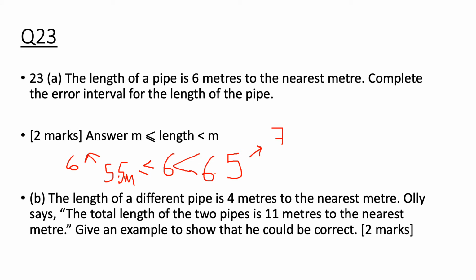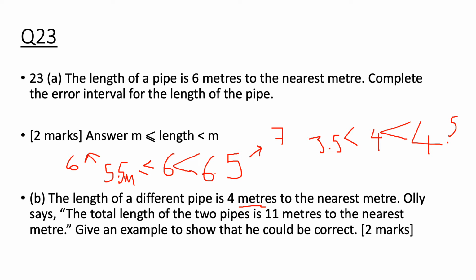Right, guys, for part B, the length of a different pipe is 4 meters to the nearest meter. Ollie says that the total length of the 2 pipes is 11 meters to the nearest meter. Give an example to show that this is correct. Well, 4 meters rounded could be 4.5 and then 3.5.